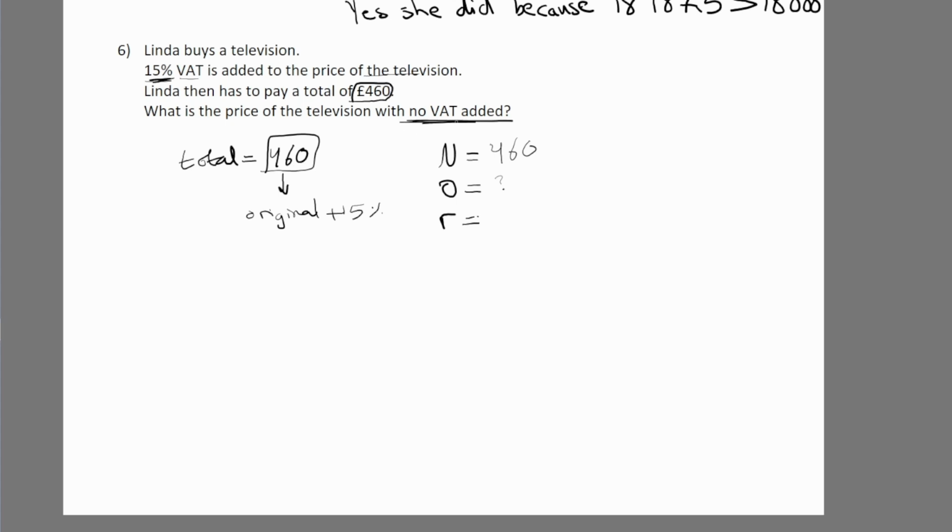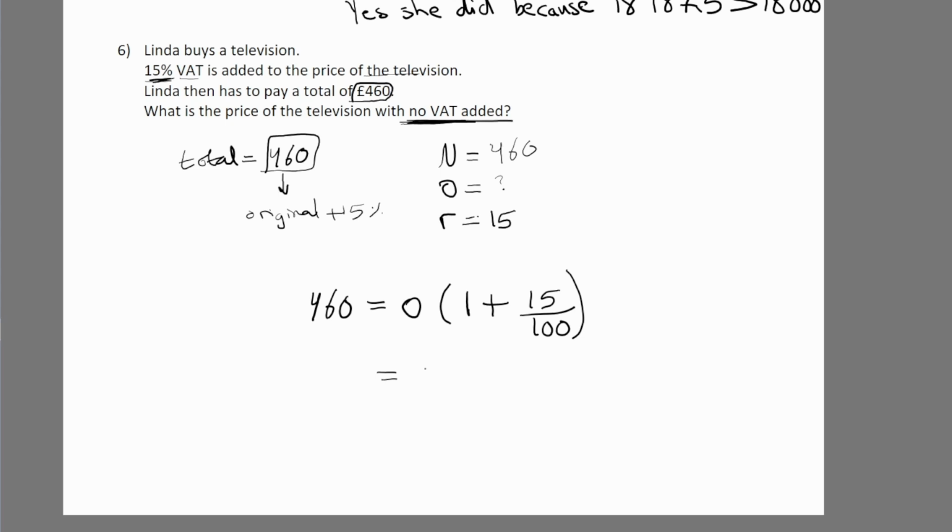It's the price without the value added tax. And R is 15. So write the formula: 460 is equal to old multiplied by 1 plus 15 over 100. We're using plus because this is a tax increase.